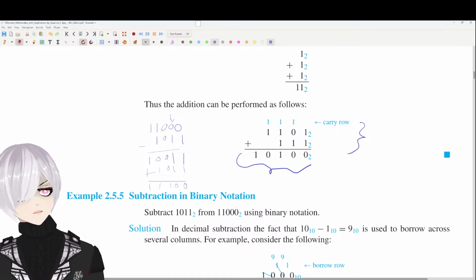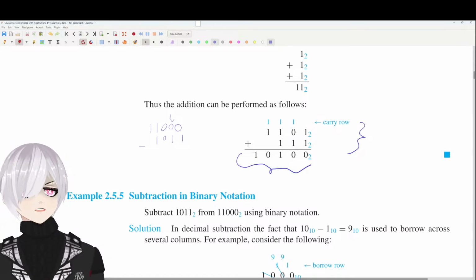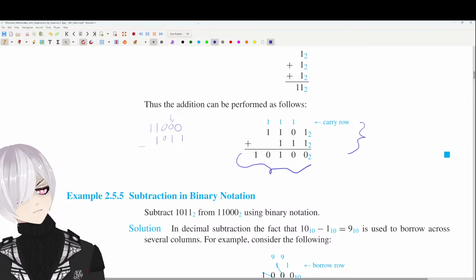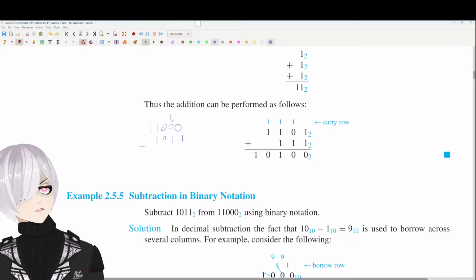So it looks like what they're doing is starting again from the rightmost column: you've got 0 minus 1, and we know we can't do that.